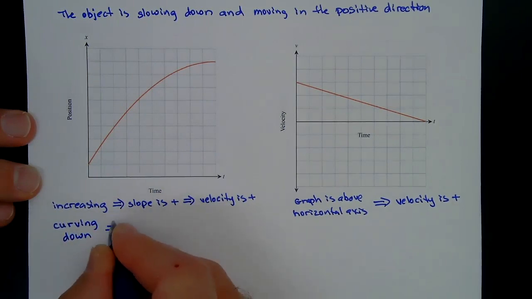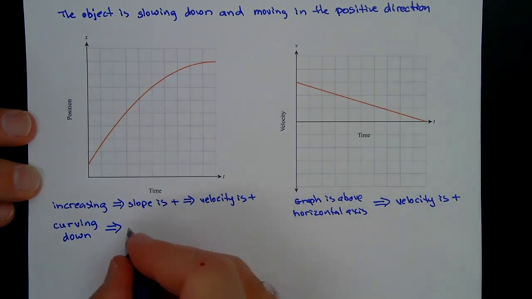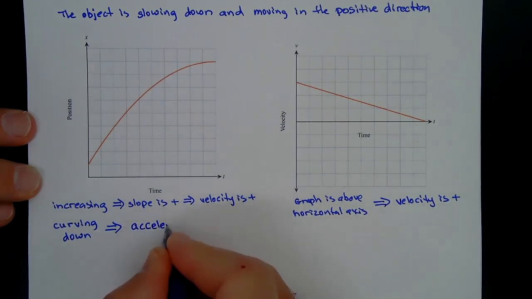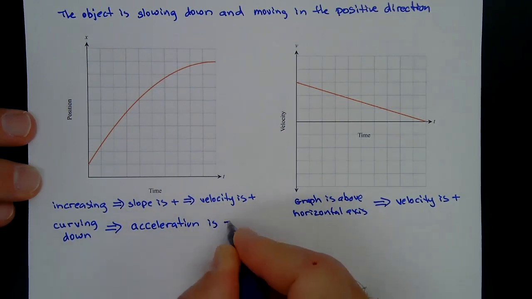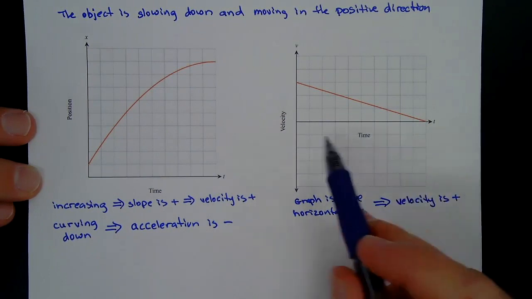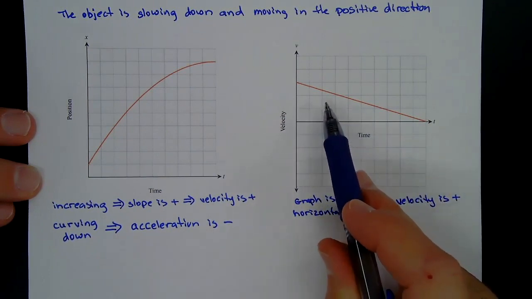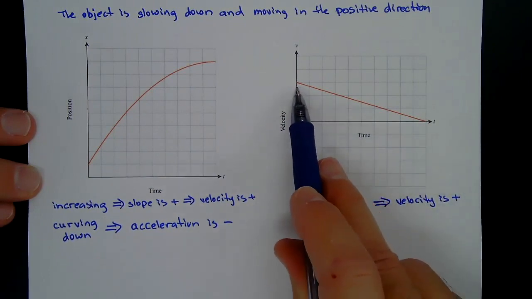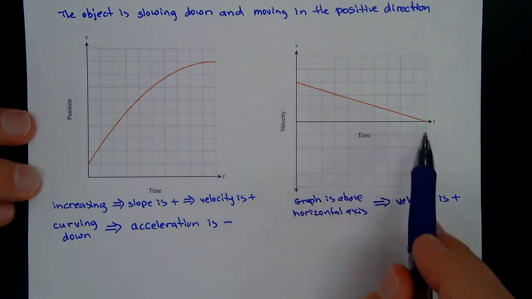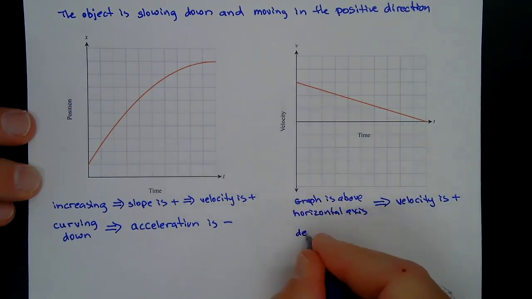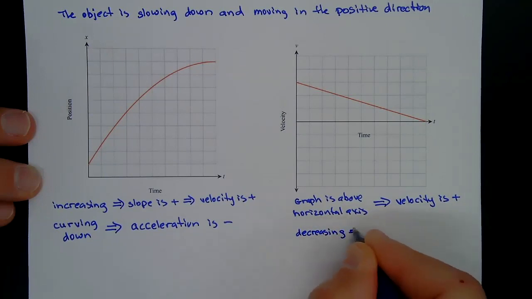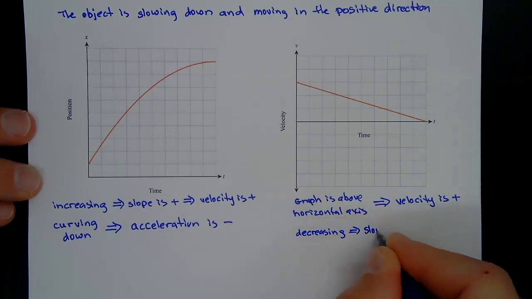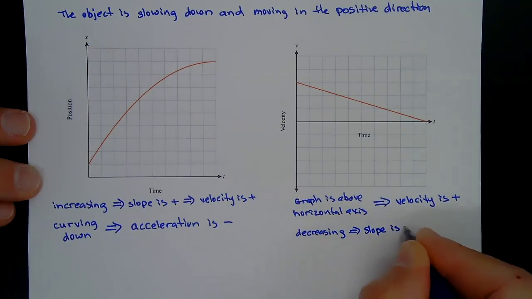And since it's curving down, that's telling me the acceleration is negative. Over here for velocity time graph, the acceleration is determined by the slope. We look at the slope here. This is decreasing, which tells me the slope is negative.